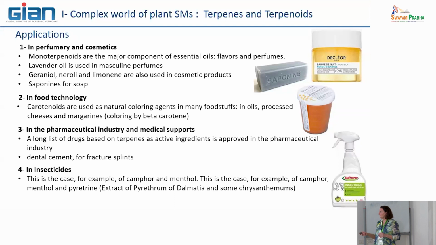So it's very important, and the demands are always increasing, and also in dentistry. And insecticides are also a big part of the market using these terpenes, because in fact they can be used as repulsives.